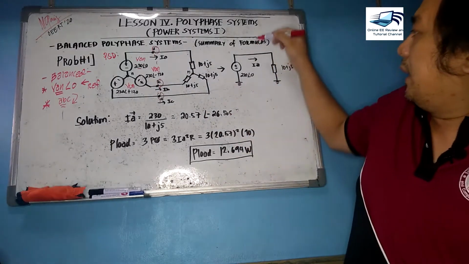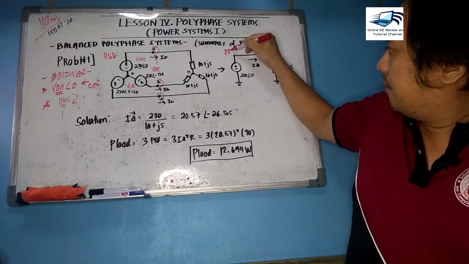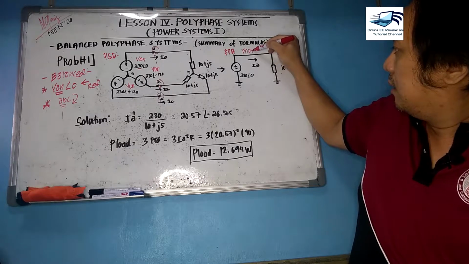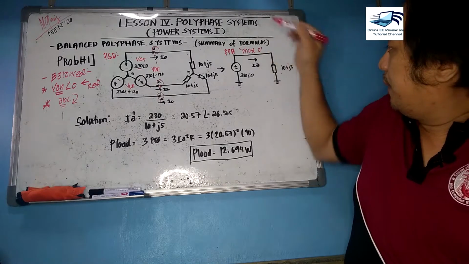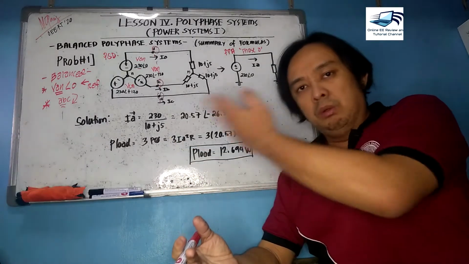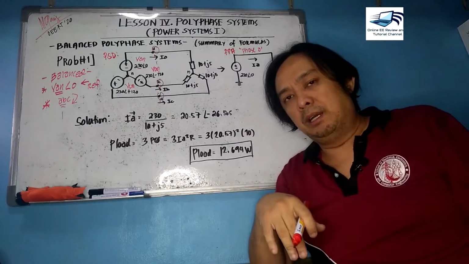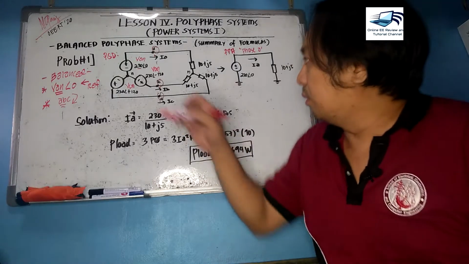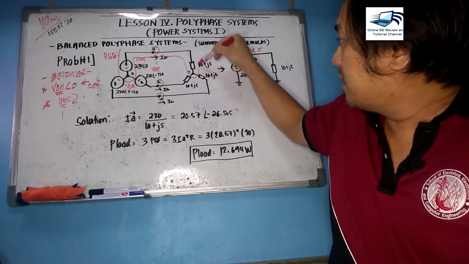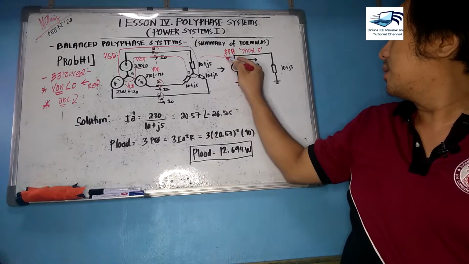Okay, now we can have the per phase analysis of one phase of the system, say phase A, simply an AC circuit, and we can now do circuit analysis on that per phase basis. I could isolate this and it will become like this.